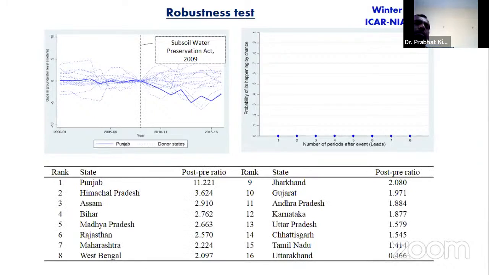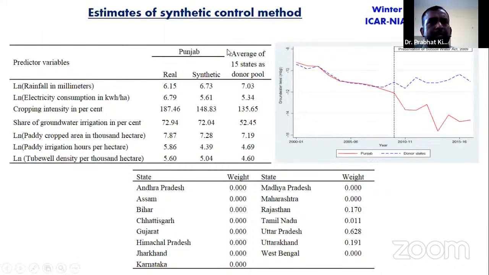One other test which we included here, if you see this graph or the earlier graph also, is the effect post-intervention divided by the pre-intervention, and we can find out the ratio of this.